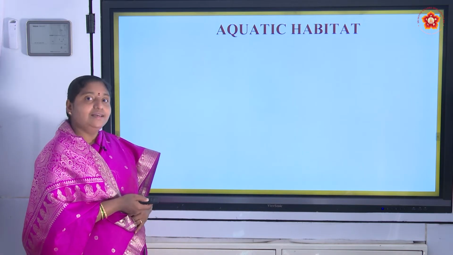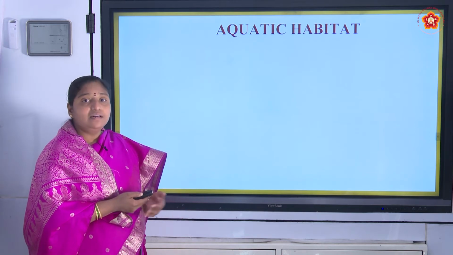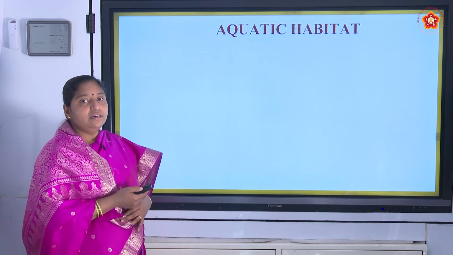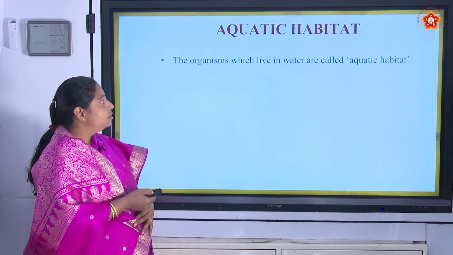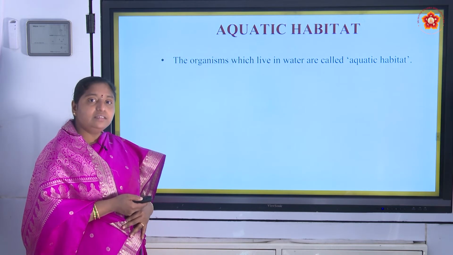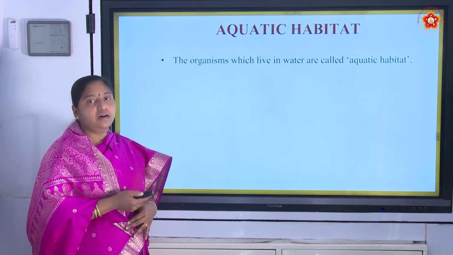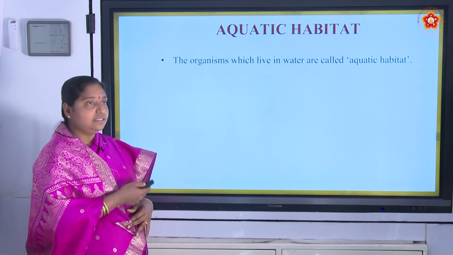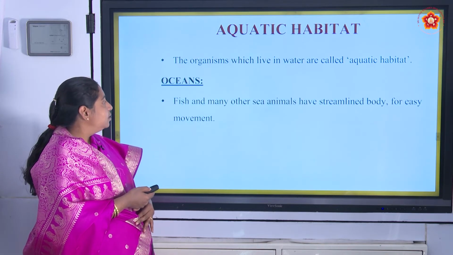Next is aquatic habitat. Till now what we have studied is terrestrial habitat. Next is aquatic habitat. What are aquatic habitats? The habitat wherein the organisms live in water is called aquatic habitat. Example, oceans.